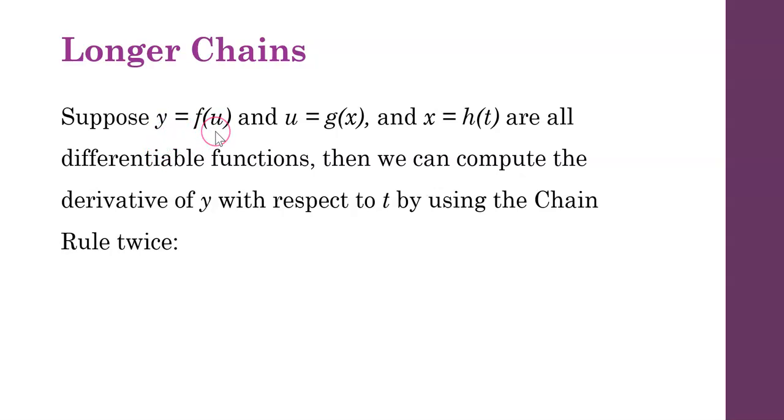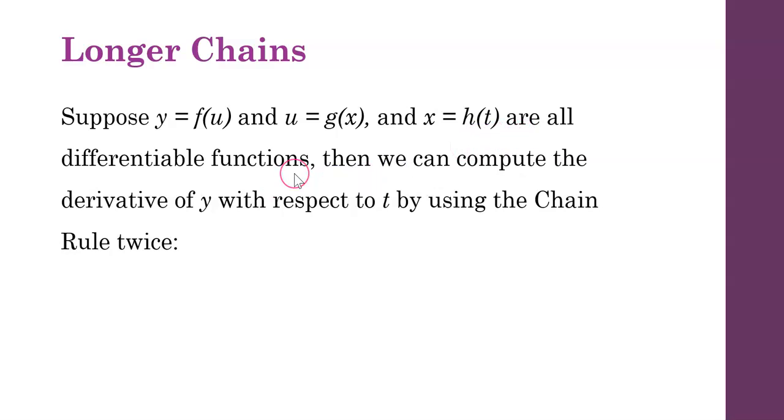Y is f of u, u is g of x, and x is h of t. Right, so I have the function h of t plugged in here, and then that function is u, and then u is plugged into f. So I have f of g of h.